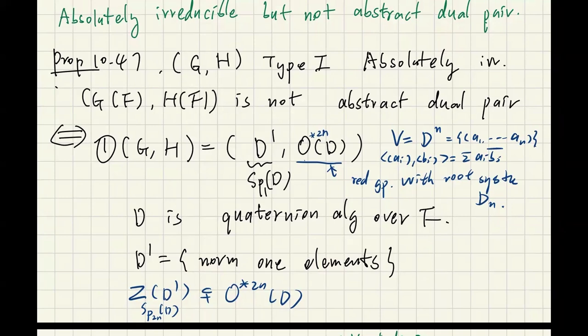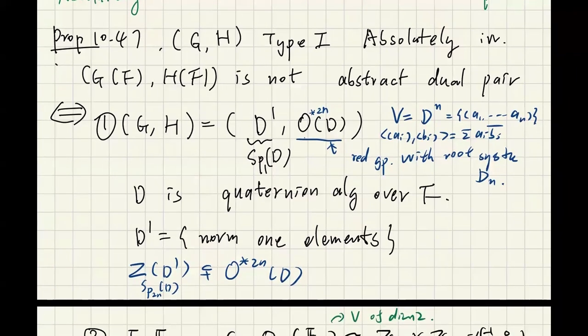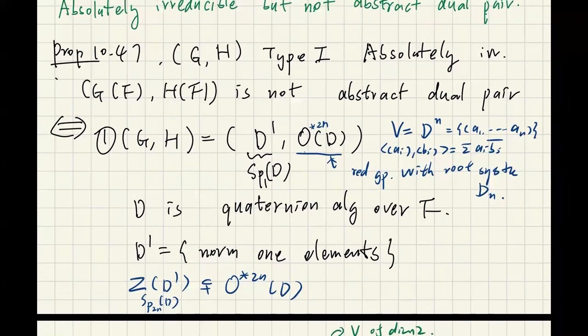Do I need to explain what a quaternion is? No, quaternion is fine. Okay, so then you have an involution, you can take this form, and the isometry group of this form will be O star 2n. So you can basically think of it as matrices that preserve that form, right? Yes, right. Okay.